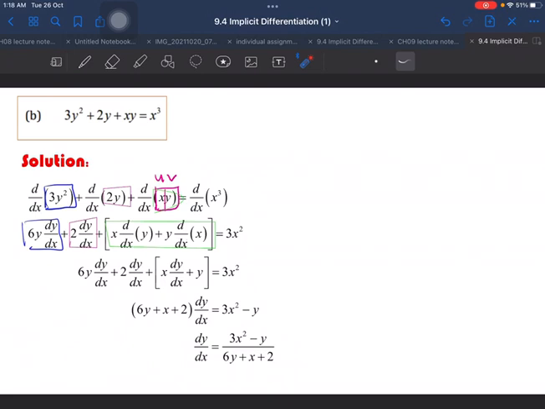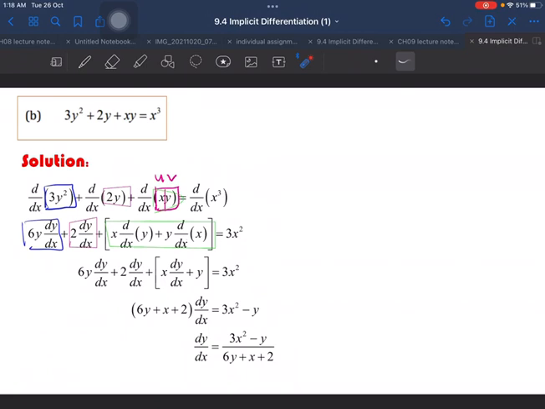And then we simplify. 6y dy over dx plus 2 dy over dx plus x dy over dx plus y equal 3x squared.